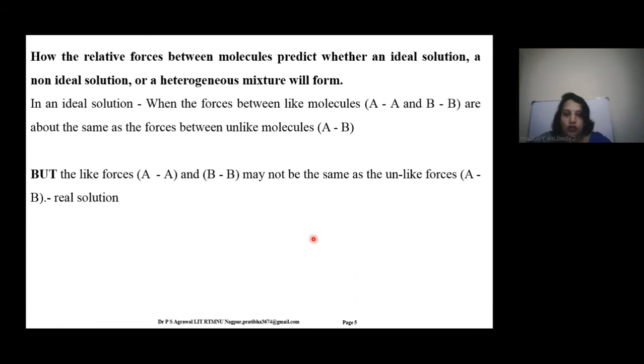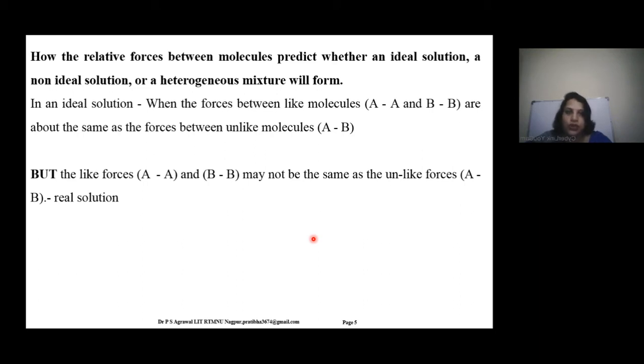Now, how do the relative forces between molecules predict whether the solution will be ideal, non-ideal, or heterogeneous? In an ideal solution, the two components act as if they are pure, and an ideal solution obeys Raoult's law.